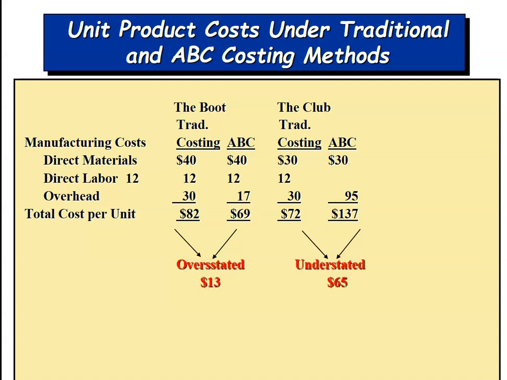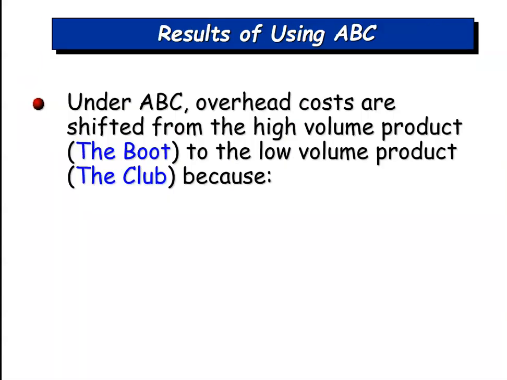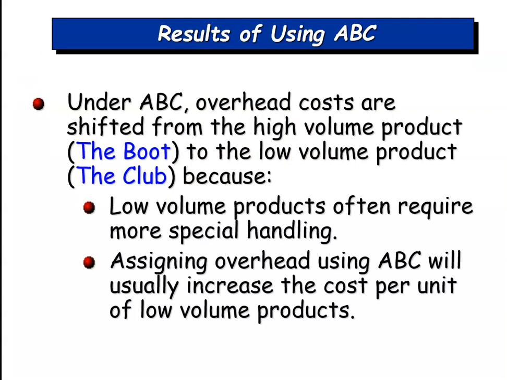There's some fixed cost implications there. So it says assigning overhead using activity-based costing will usually increase the cost per unit of low volume products. And again, that is going to be true due to the fixed cost component of producing those products.